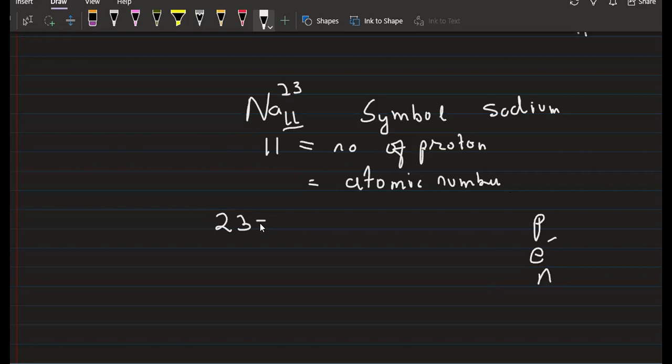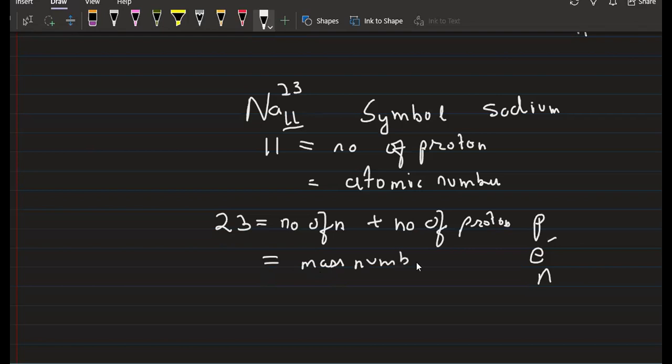Now this 23 is actually the number of neutrons plus the number of protons. Got it? And this is called the mass number. Mass number. Okay. We use it as atomic mass also, but it is actually called the mass number.